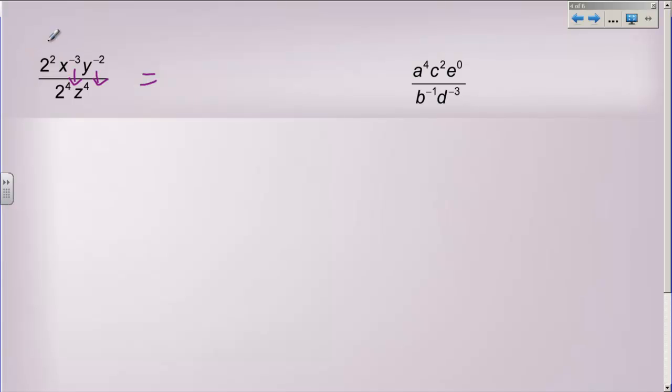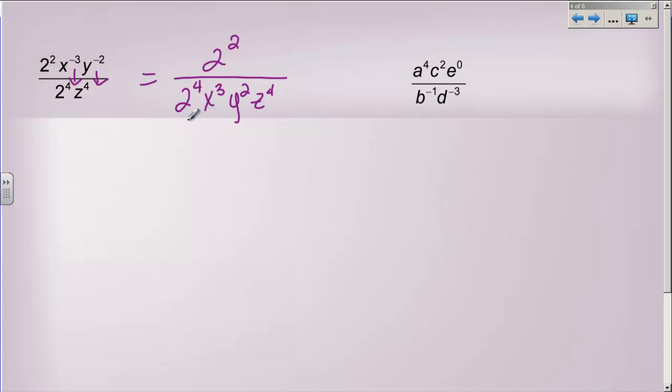This 2 squared, positive exponent, gets to stay in the numerator. Everything that was negative has to move to the denominator. 2 to the 4th stays put. X to the negative 3 has to move down here. It becomes x to the positive 3. Y to the negative 2 moves down here, becomes y to the positive 2, and the z to the 4th was already here.